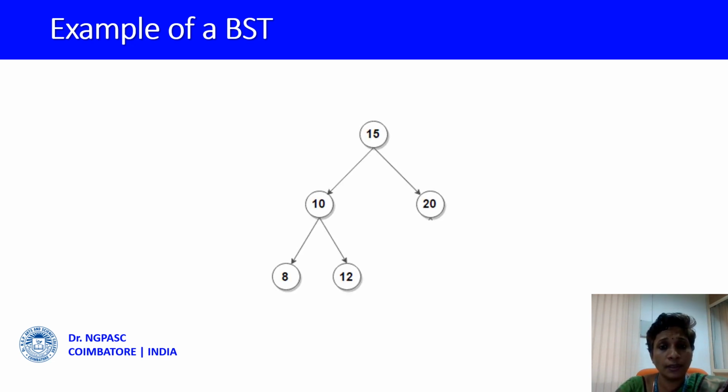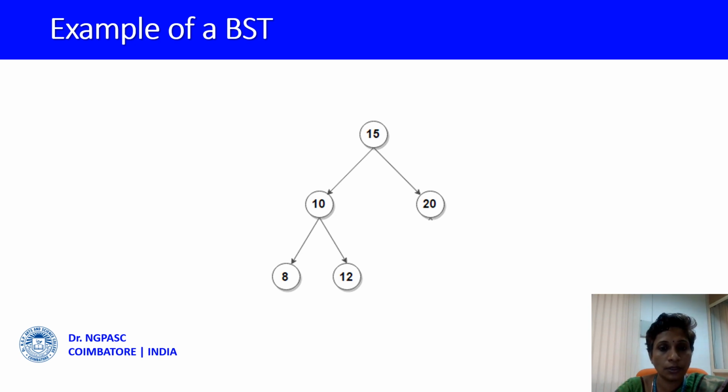Moving to the next level, here we have expanded the tree further to its next level. So here we could see that there is a left child for 10, that is 8, right child is 12. In a binary search tree, the condition must always be satisfied in all the levels, either it is level 0 or level 1, whatever the level is, the condition must be satisfied.